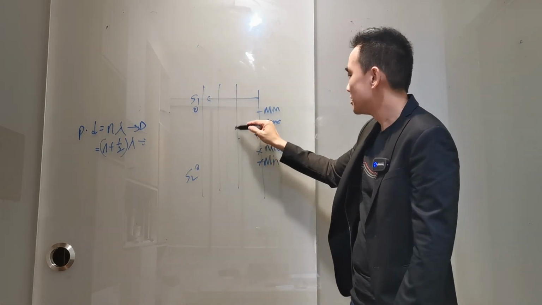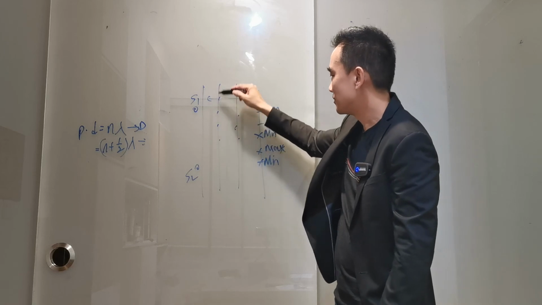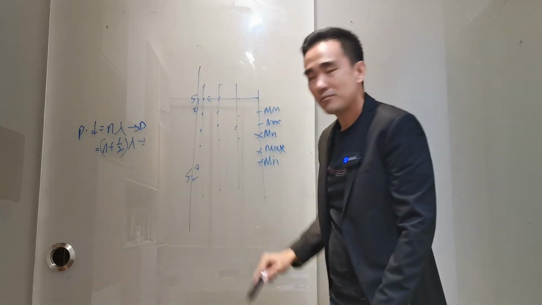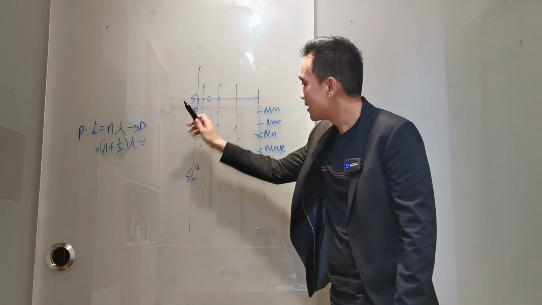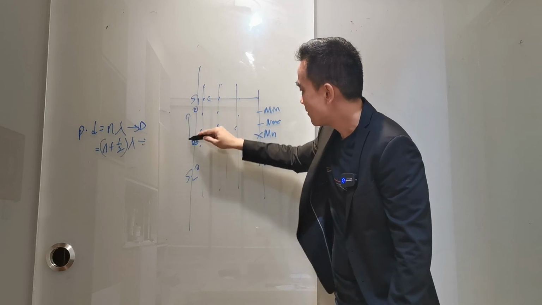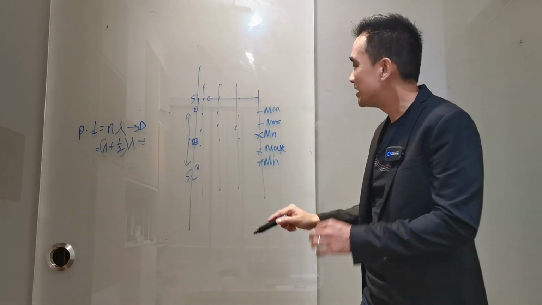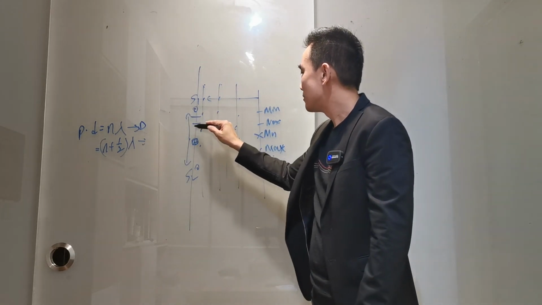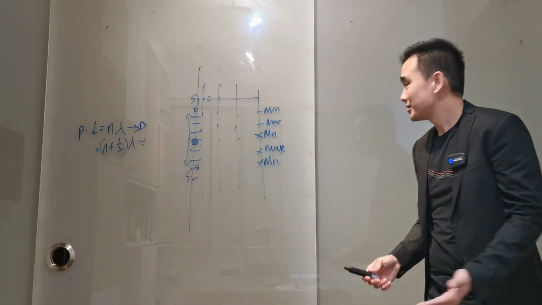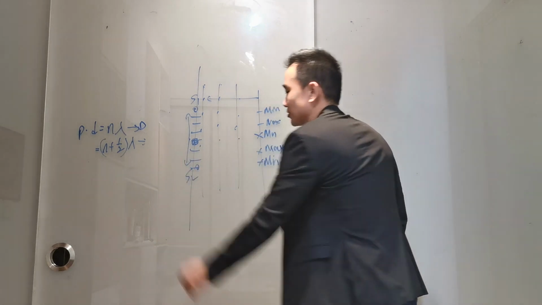There will be maximum, minimum, maximum, minimum, and so on. But doesn't it mean that if we were to move that line to here, if we have a microphone moving up and down, don't you agree that there will be positions of maximum, minimum, maximum, minimum? Right? So it's the same. You're just moving the screen closer and closer.